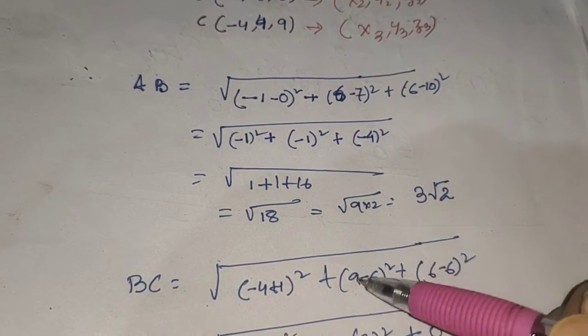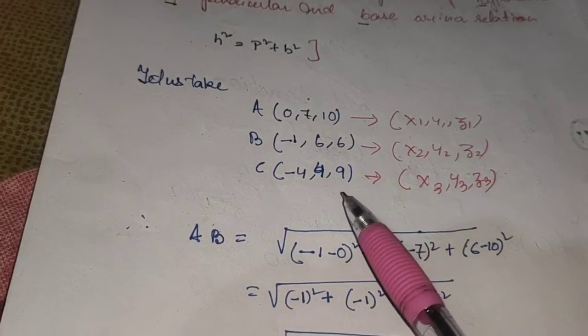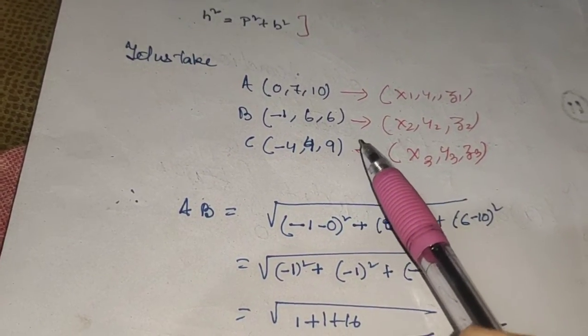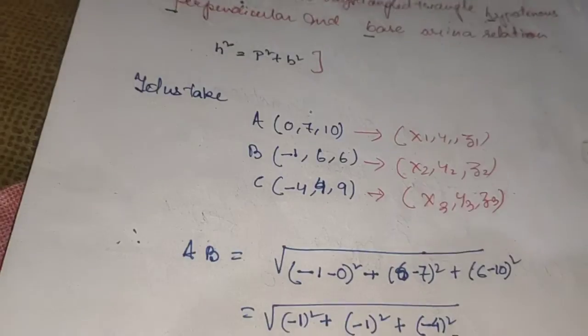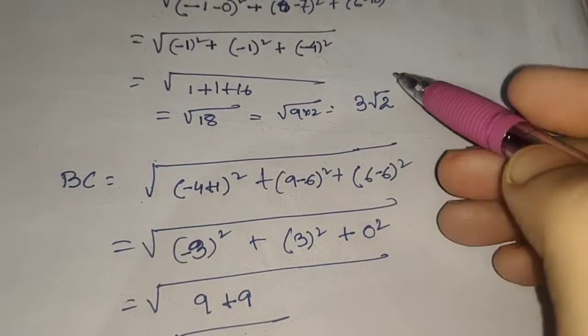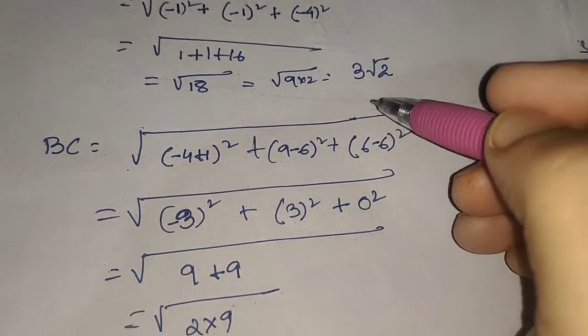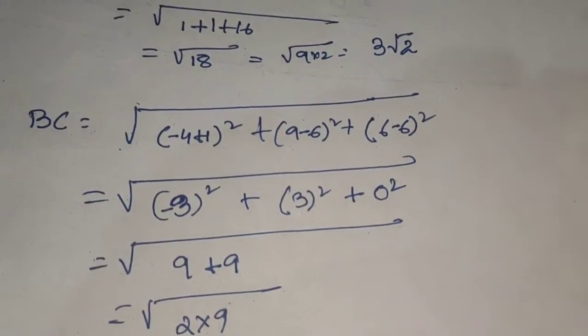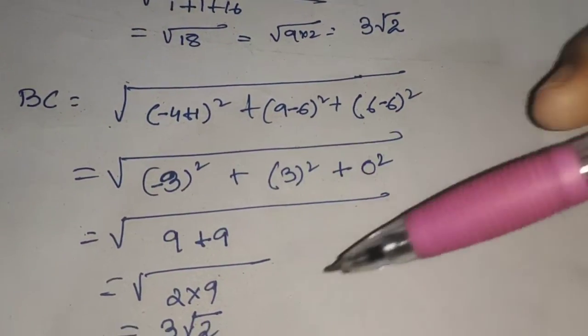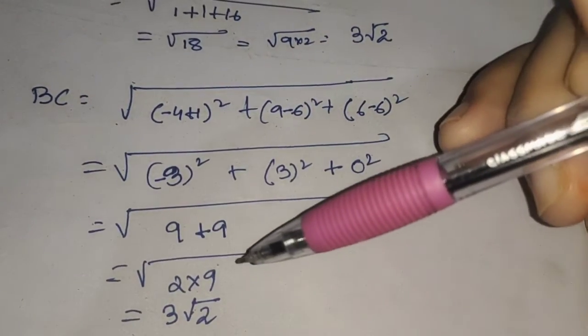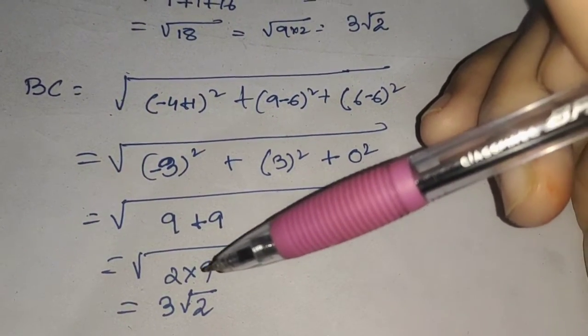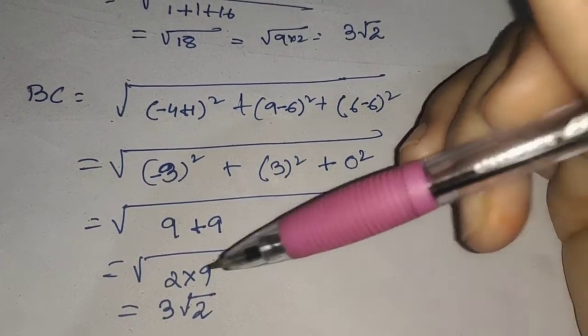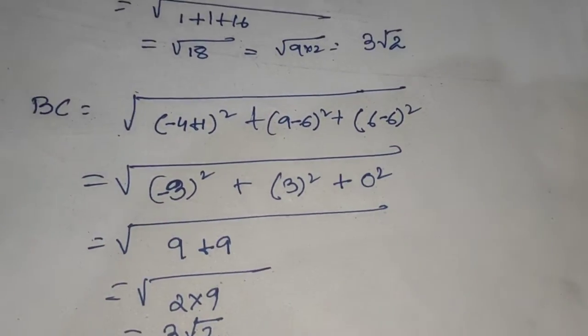And next one is z3, which is 6 minus 6, so z3 minus z2 is 0. So ultimately this will be 9 plus 9, that is root over 2 into 9, that is 18. 18 means 3 root 2. So BC is also 3 root 2.